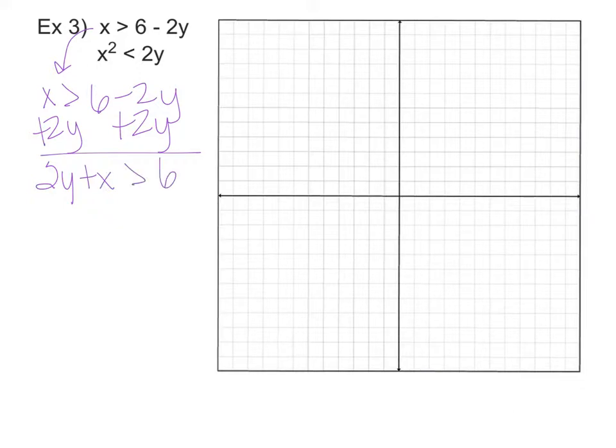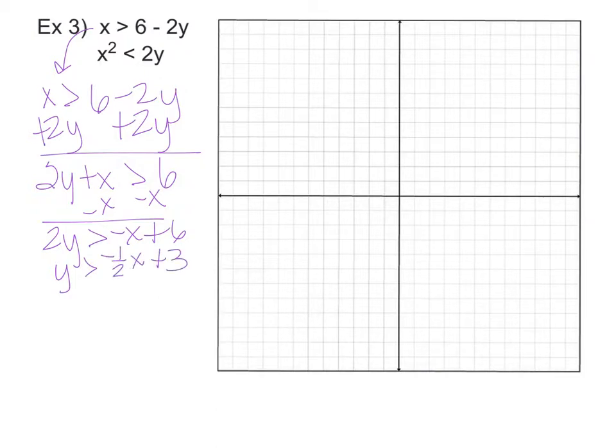And now I'm going to subtract that x. So I have 2y is now greater than negative x plus 6. Divide everything by 2. And y is now greater than negative 1/2 x plus 3.